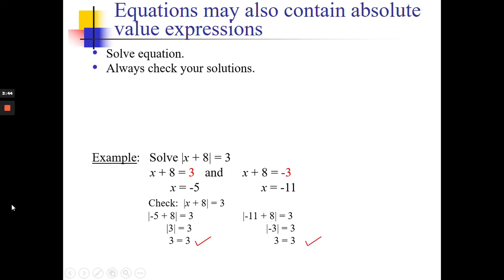So 3 is equal to 3. Pay close attention to what I am going to say now. Now we know where this 3 is coming from. This 3 right here, it is coming from negative 5 plus 8.